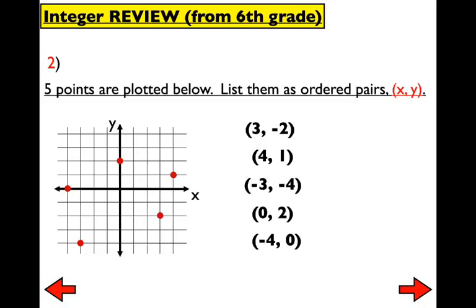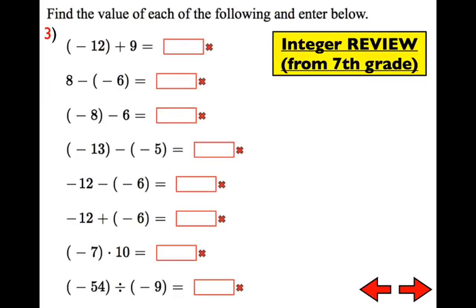And then the other one that we have not done yet, -4, 0, happens to be this one because we went 4 to the left and we did not go in the up or down direction because the second number was 0. So that would be if you have points and you're asked to actually write them as ordered pairs. All right, next.